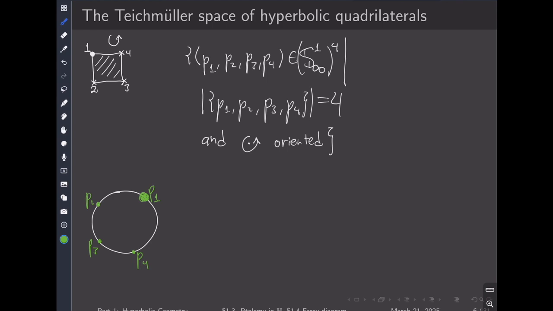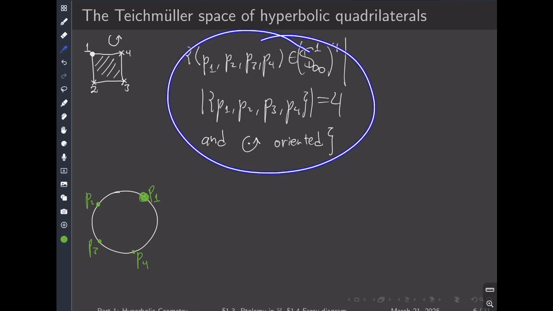Okay, and then the idea is that every time we fix one such quadruple, this automatically gives me the hyperbolic quadrilateral, and this provides one of those hyperbolic metrics that we were looking to put here. Okay, but then we said, yes, but let's take this set up to orientation preserving isometries of the hyperbolic plane.